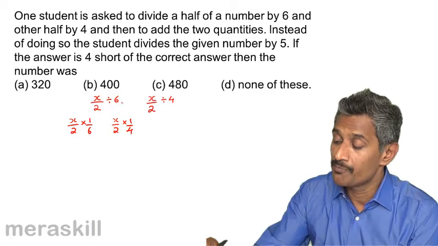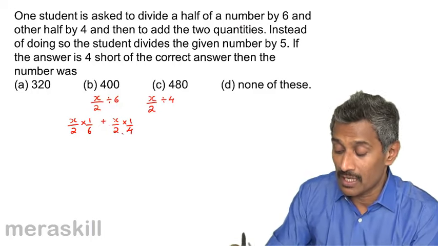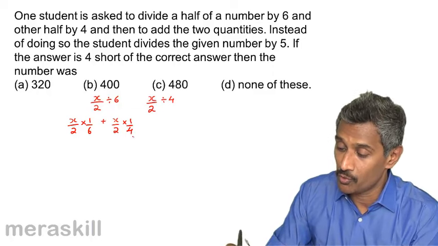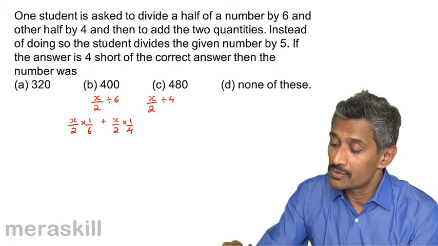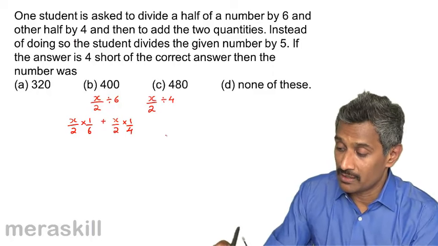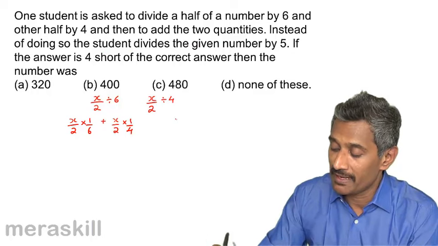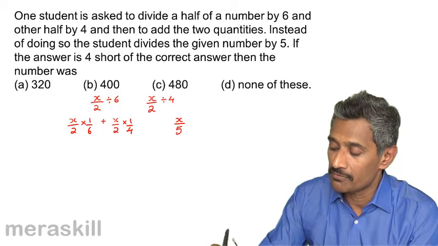So what is told? Half of the number divided by 6 added to the other half of the number divided by 4, and then we add the two quantities, and you get one particular number. Instead of doing so, the student divides the given number by 5. That is, he does x upon 5.